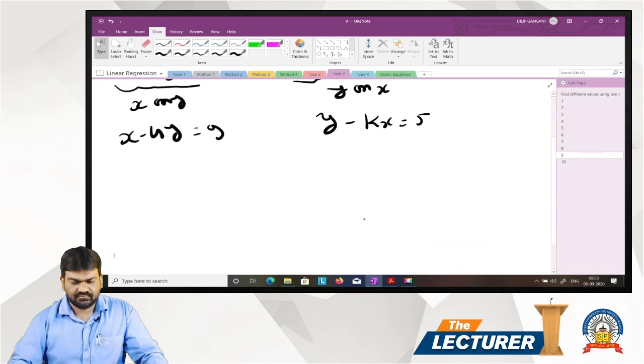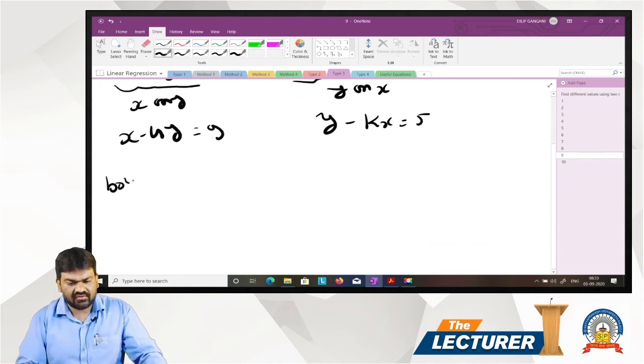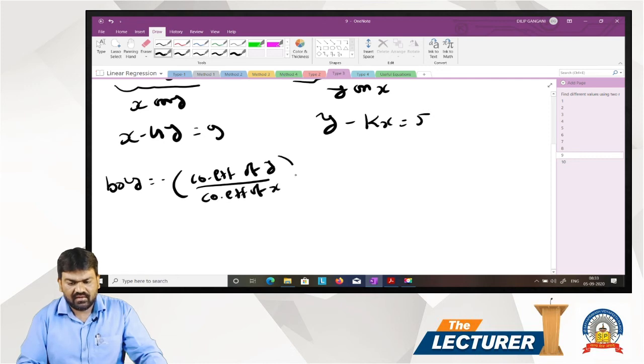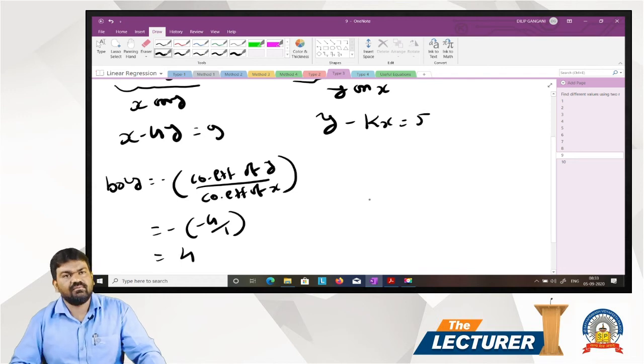Okay, bxy is minus coefficient of y divided by coefficient of x. bxy: coefficient of y is minus 4, x is 1, minus minus plus 4.